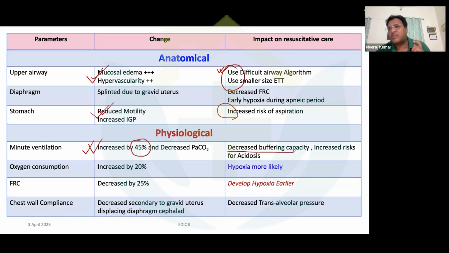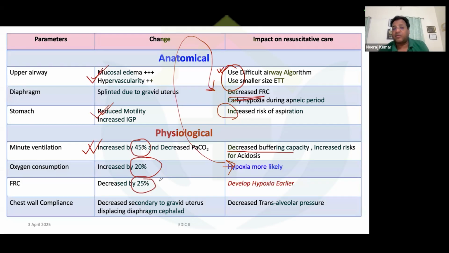The second point, the oxygen consumption in this group of patients generally increases by 20%. That's why hypoxia is more likely, and the second cause is the decreased FRC. So these are the two important causes of hypoxia. And the decrease in FRC is around 25%.